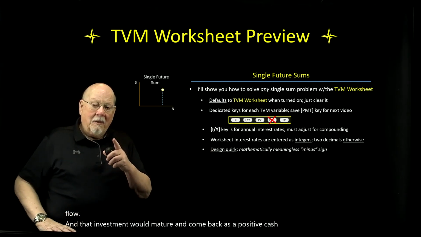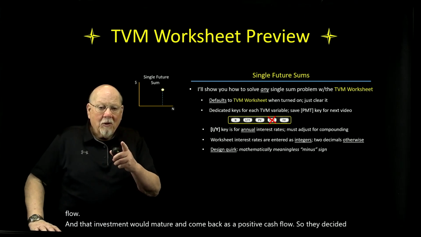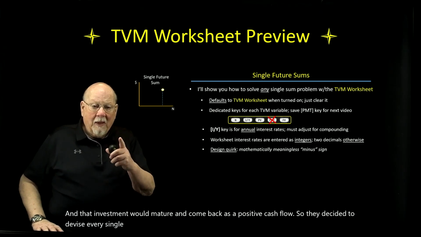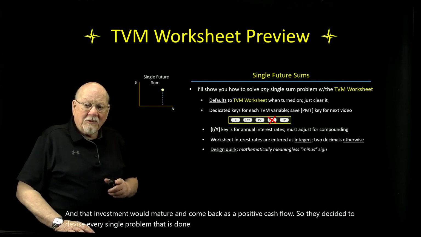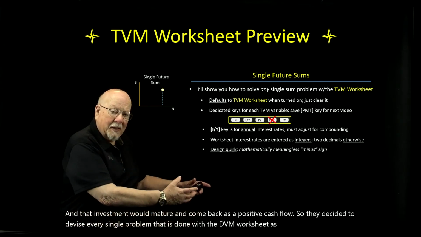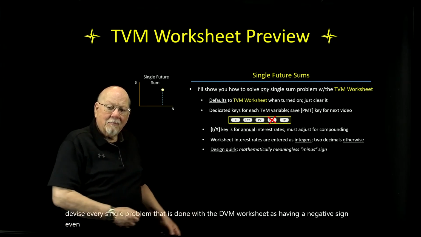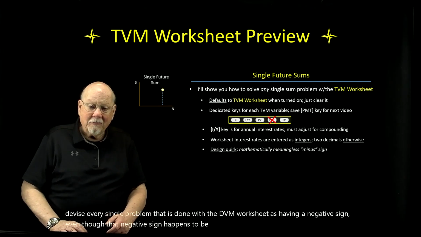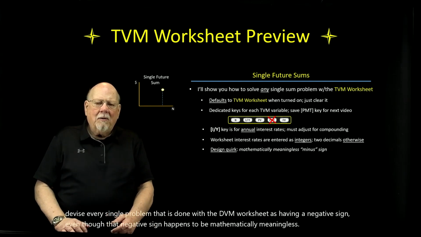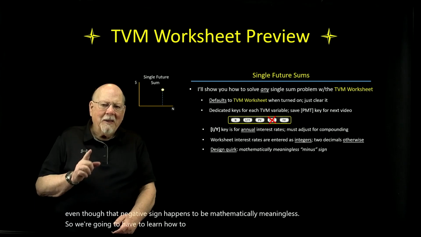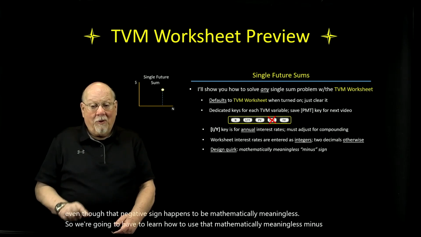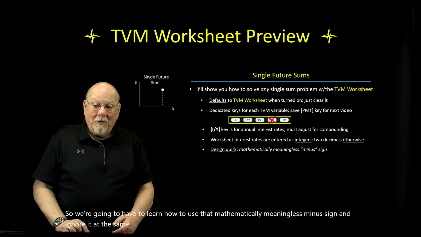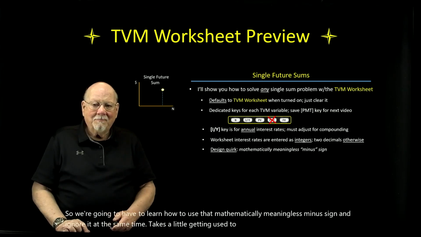So they decided to devise every single problem that is done with the TVM worksheet as having a negative sign, even though that negative sign happens to be mathematically meaningless. So we're going to have to learn how to use that mathematically meaningless minus sign and ignore it at the same time. Takes a little getting used to, but you'll get there.